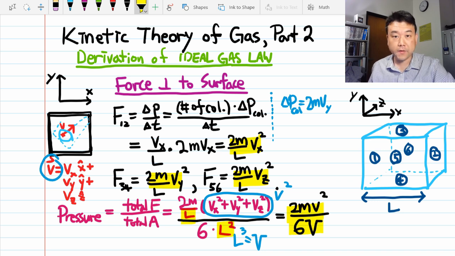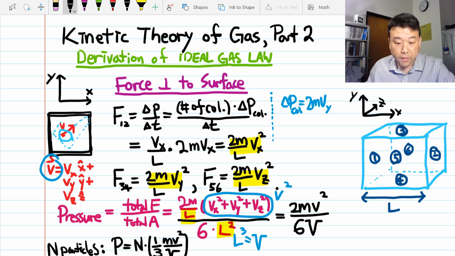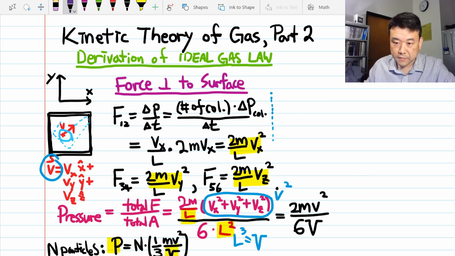So for a sample of gas containing N particles, pressure is N times 1/3 mv squared over volume. Now, for no particular reason, let me collect the pressure and volume on one side, erasing all of this, and writing the expression here.